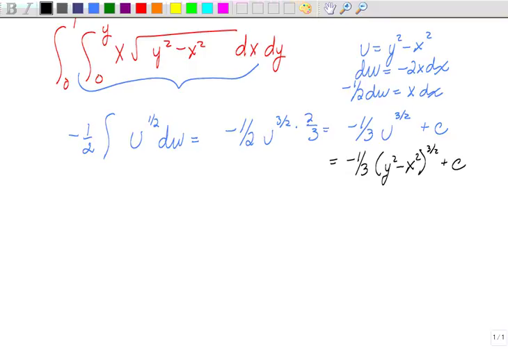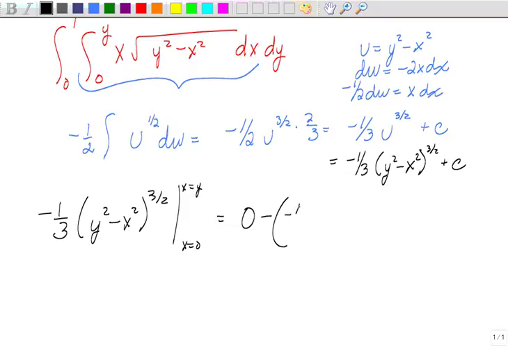I'm integrating that from 0 to y, so I'm going to evaluate that. X is from 0 to y. So if I plug y in for x, I get 0. And if I plug 0 in, I get y squared.